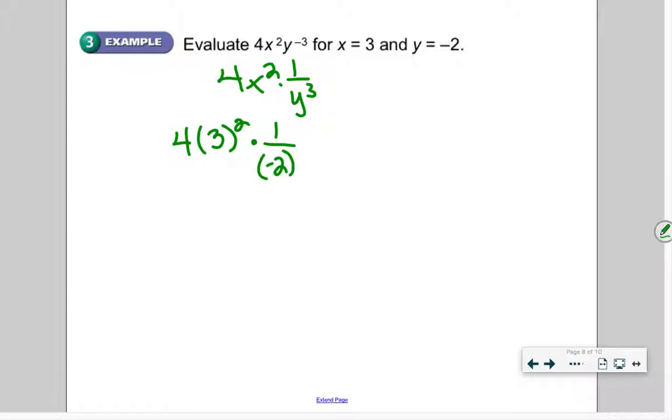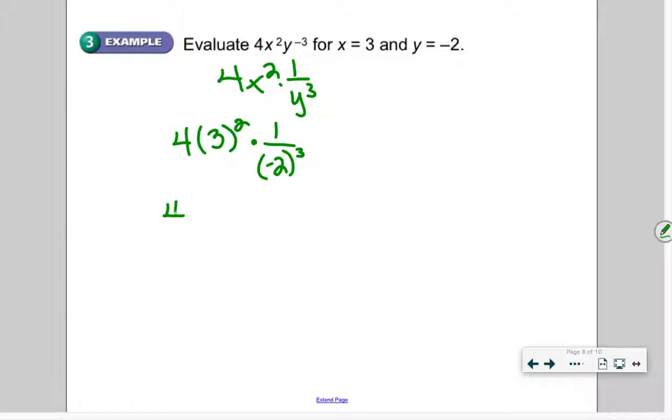Replace the y with -2, but put it inside parentheses and cube it. So it's 4 times 3 squared times 1 over -2 to the third power. Do all of your exponents first.